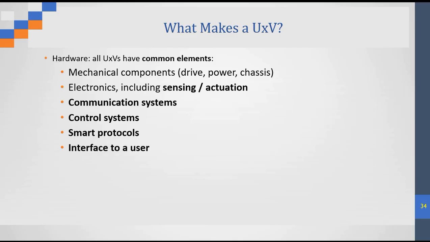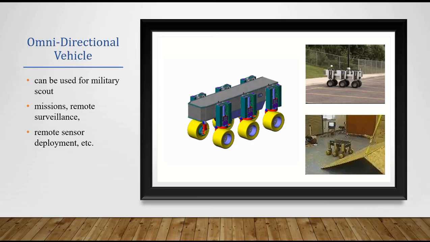So here the hardware, similar to others, we have some mechanical components like the driver, the power, the chassis. Guys, you know what I'm talking about? These vehicles, as you see, are normal vehicles, but here they work to do some job.